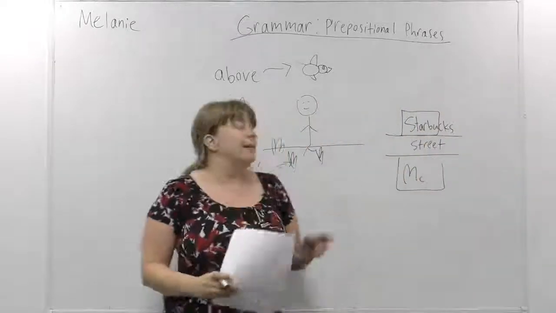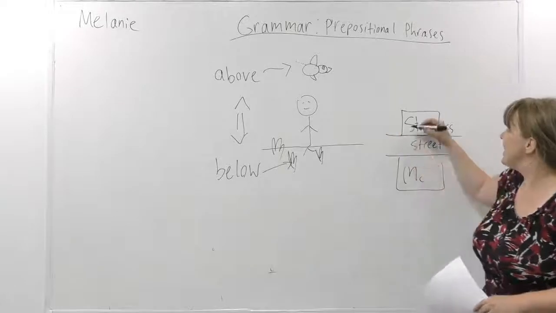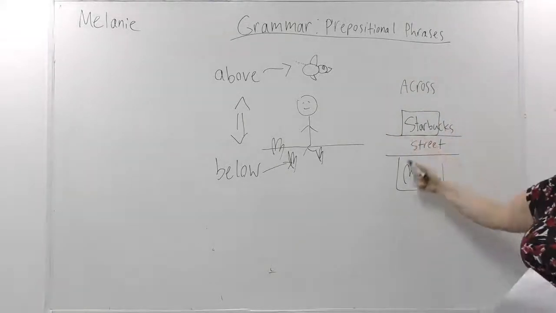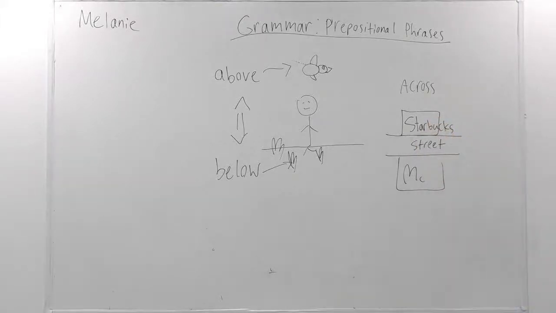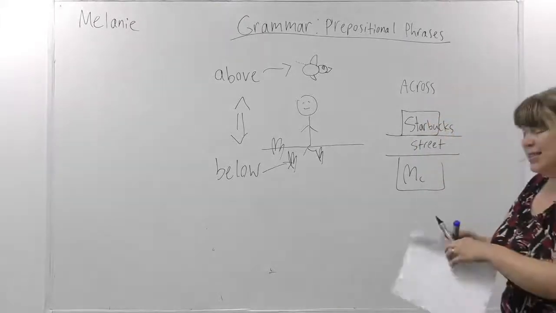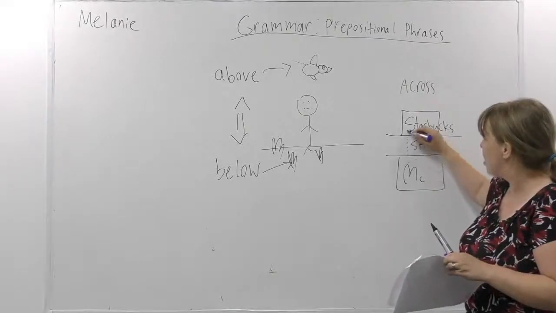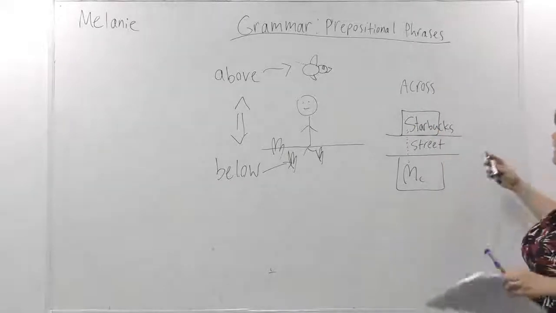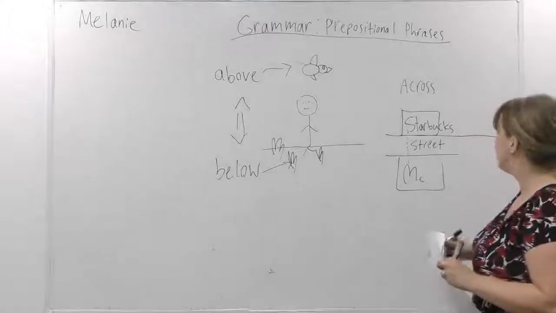So in this case, Starbucks is across from McDonald's. So this is what across is. I should get us another pen. Okay, so I'm going to highlight that in blue. This is across. Now, I am going to give you another preposition.